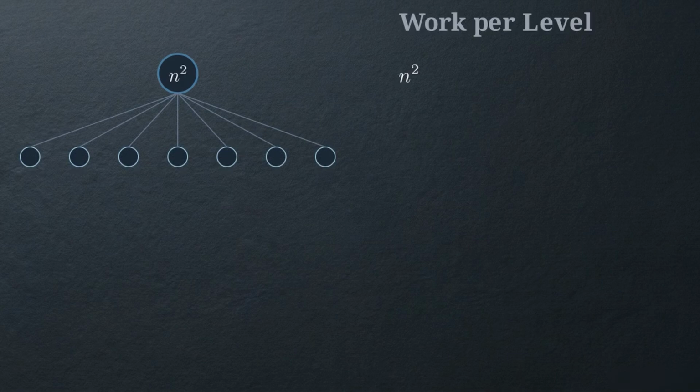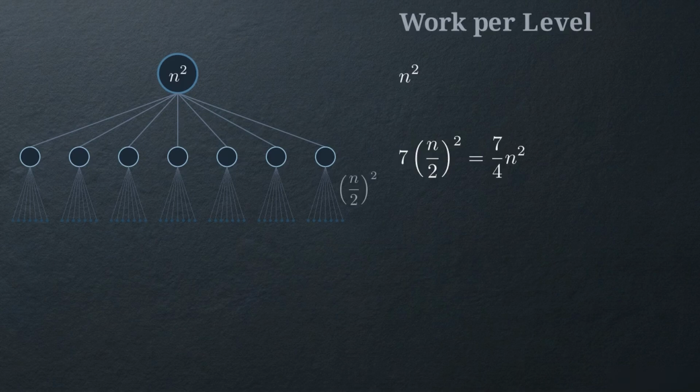Because the matrix dimensions have been cut in half, the specific cost of processing a single node on this level is (n/2) squared. Adding up all 7 nodes gives us the total horizontal workload for level 1, 7/4 n squared. Expanding to level 2, those 7 subproblems each generate 7 more, resulting in 49 active operations. The total aggregated cost for this tier climbs to 49/16 n squared.